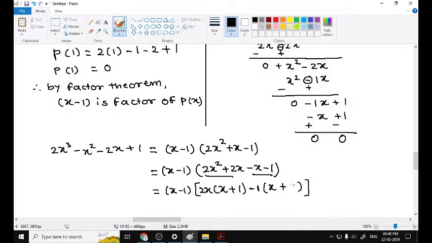So we have here x plus 1. This must be the same. Therefore, this cubic polynomial can be factorized as x minus 1, then x plus 1, and the factor formed by the remaining terms, 2x minus 1.